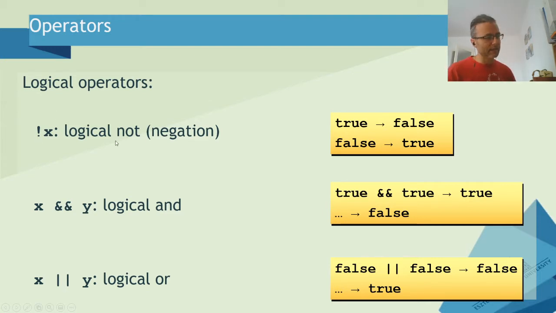You can also use negation. So those are the operators for those logical operations, and I assume you already know how they work, because we had this logic class together, as far as I remember.